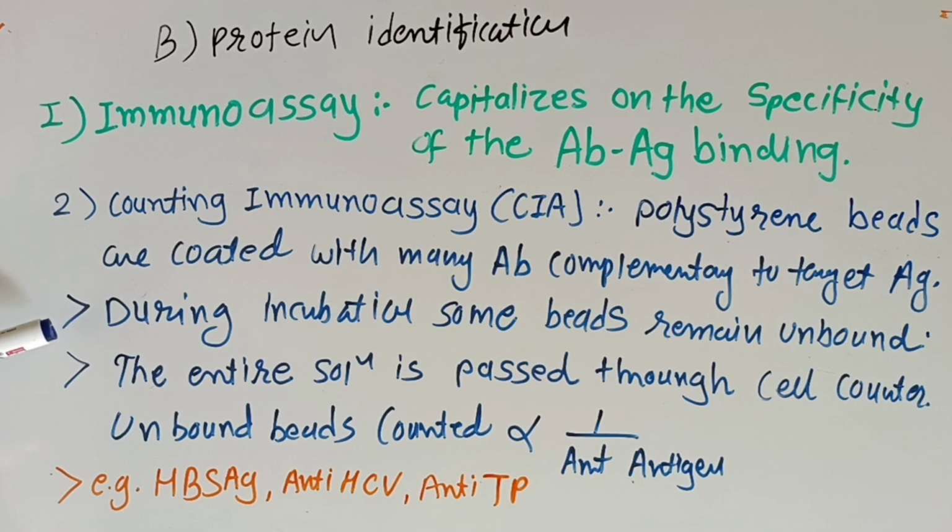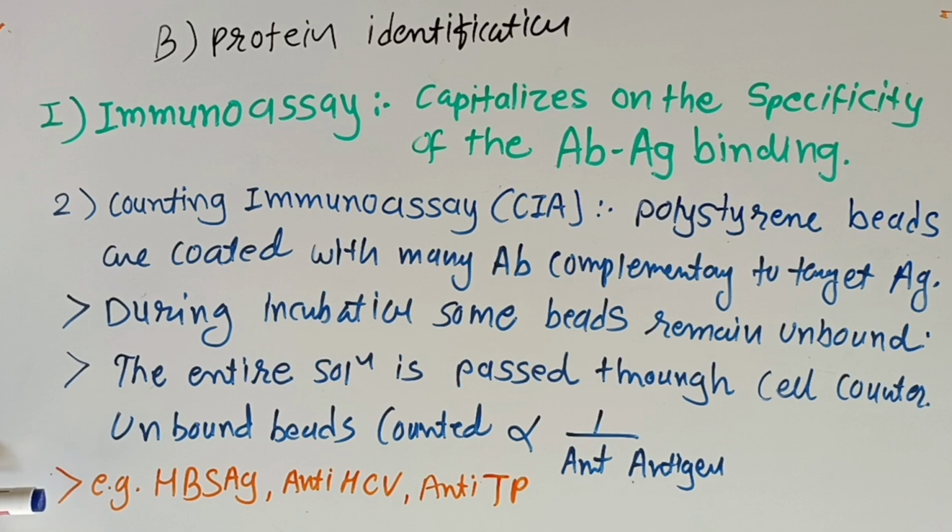Okay, so now these remaining unbound beads are counted via a cell counter. The entire solution is passed through a cell counter where the unbound beads are counted, which is proportional to the amount of total antigen. Okay, so this is the simplest mechanism behind counting immunoassay.